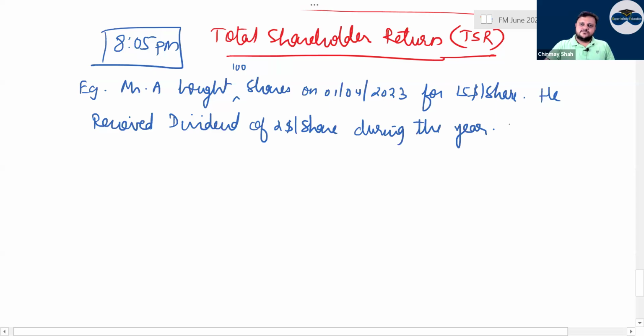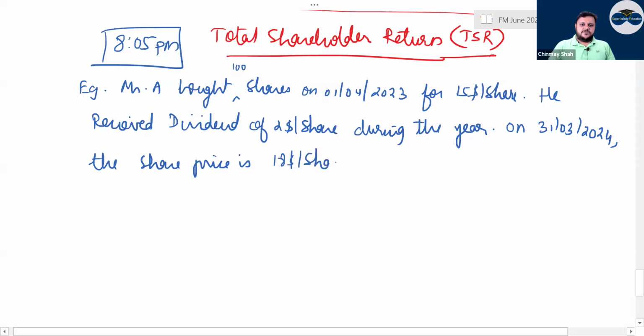On 31st March 24, the share price is $18 per share. Calculate the return on the shares.